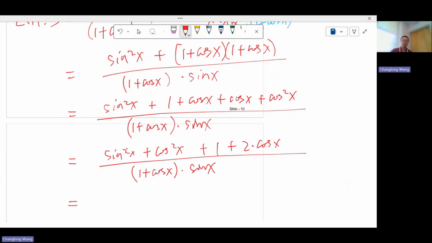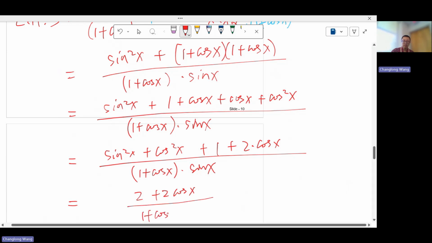According to the Pythagorean identity, cosine squared plus sine squared is 1. You have 1 plus 1, so you get 2 plus 2 cosine x over 1 plus cosine x times sine of x.